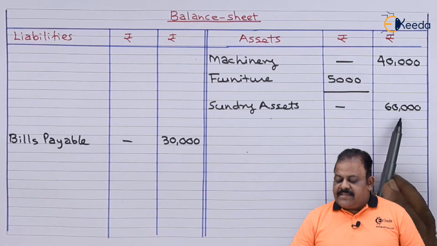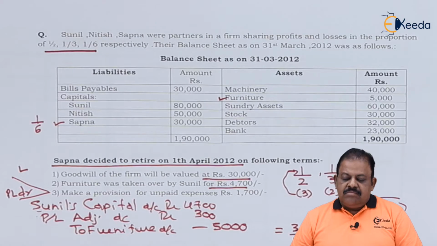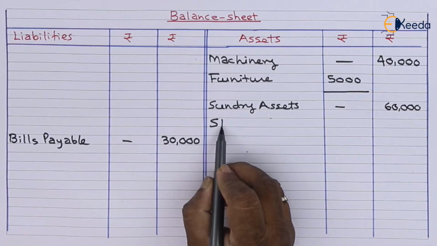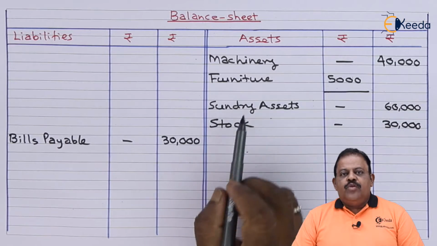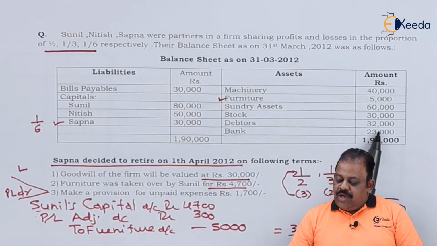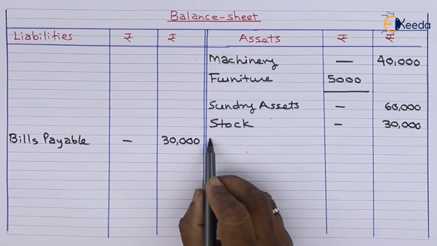New balance sheet asset side, outer column, sundry assets 60,000. Stock 30,000, there is no adjustment on stock, so new balance sheet asset side, stock 30,000. Debtors 32,000, recorded in outer column.